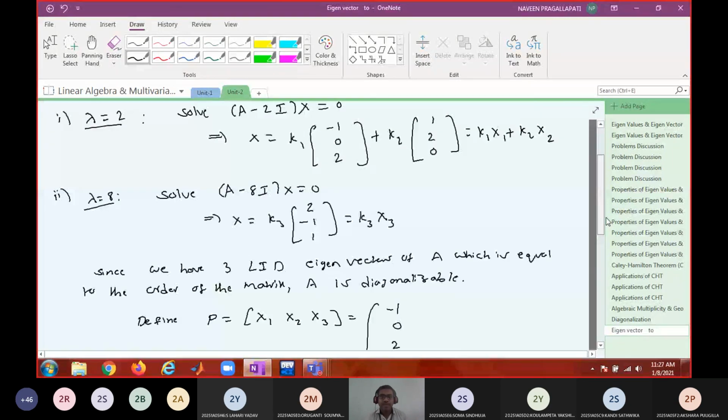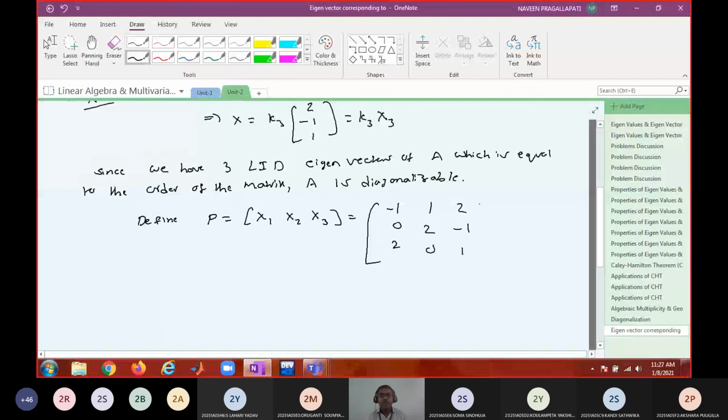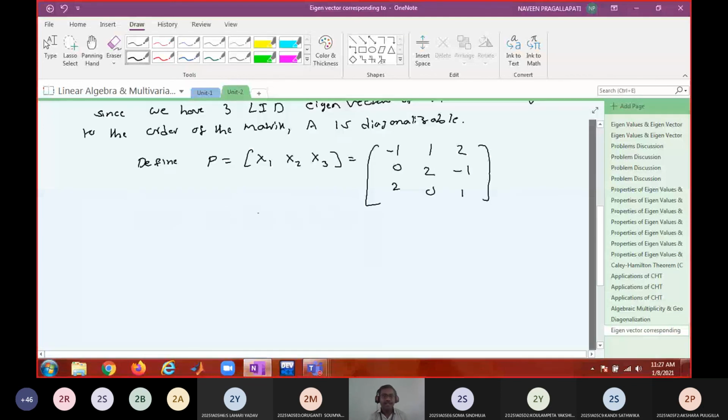Next 2 minus 1 1. Now note that P will be non-singular because the column vectors are linearly independent. Now compute P inverse. You can verify that the determinant of P is not equal to 0 and compute P inverse.